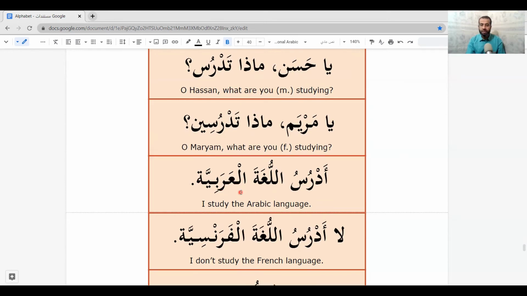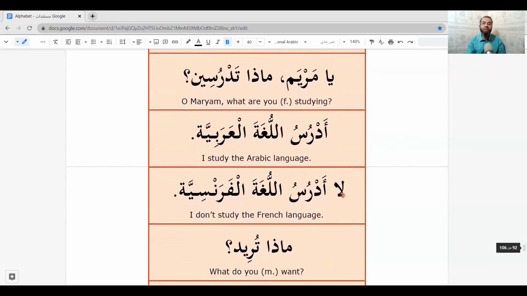Like this. In English we say the Arabic language. أدرس and then اللغة and then العربية. When we join the words, the alif in the beginning of اللغة will be silent, and the alif here also in العربية will be silent. So it will be like this. أدرس اللغة العربية.